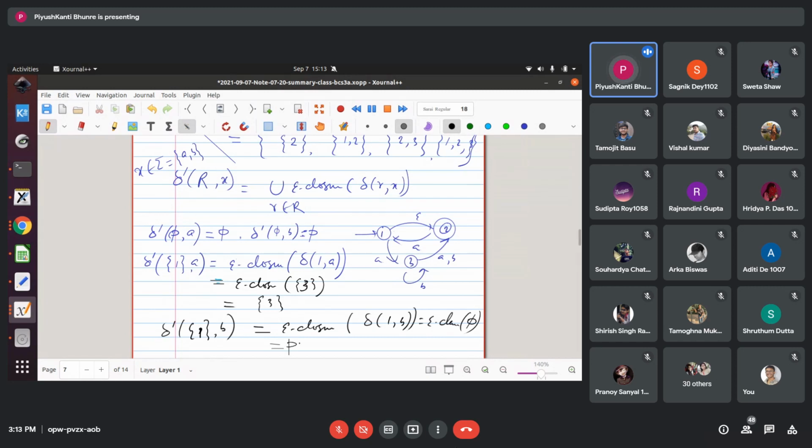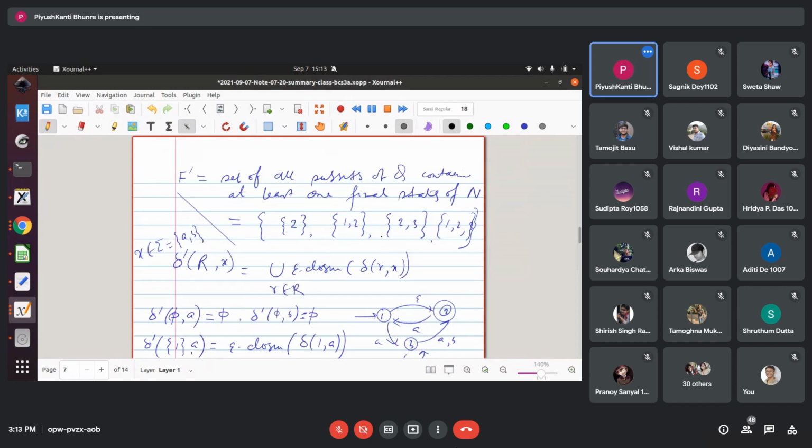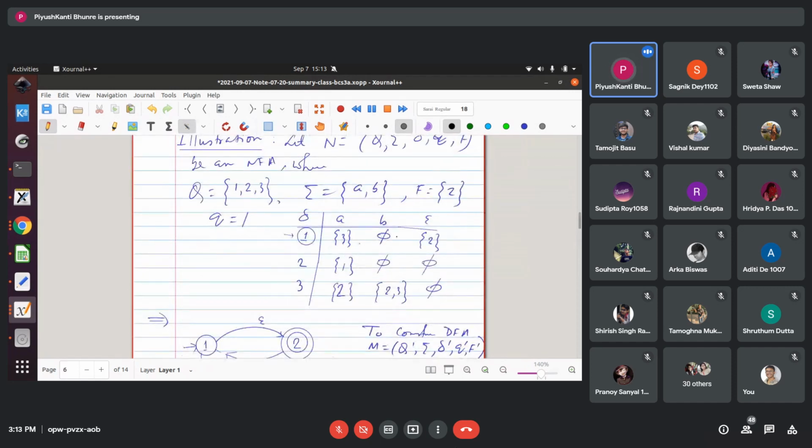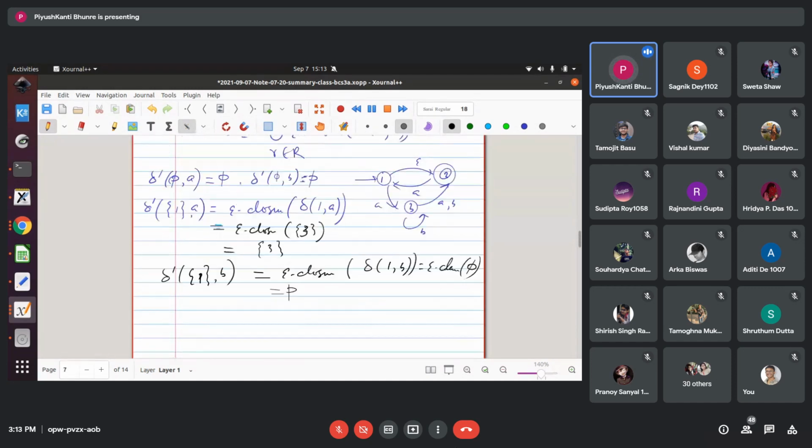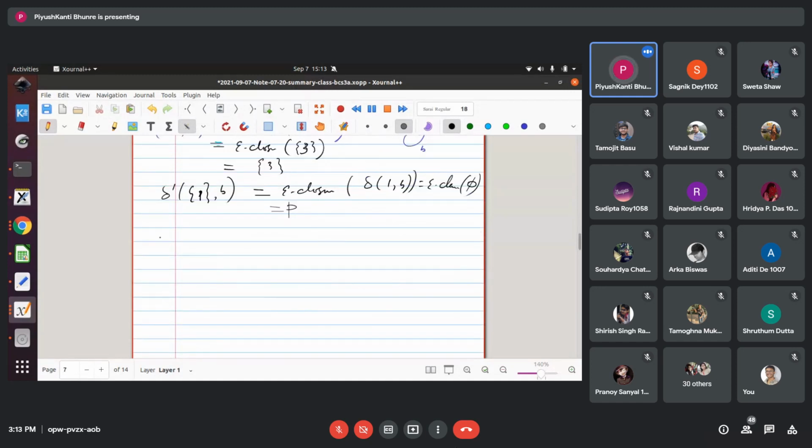So it cannot go out because at 1, if it receives input b, it cannot go anywhere. So in the table itself, you see here on receiving b, it is phi. These are phi movements. So it halts basically. It cannot perform any other computation. So then we have done for 1. Basically, we have done for input A and B. I am in state phi, so it will be phi, phi. I am in state 1, it will be 3, it will be phi.